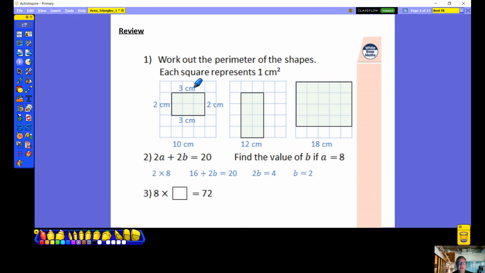Excellent. So here the perimeter is the distance around. Here we've got the answer to that one, answer to that one, and a solution to that one.